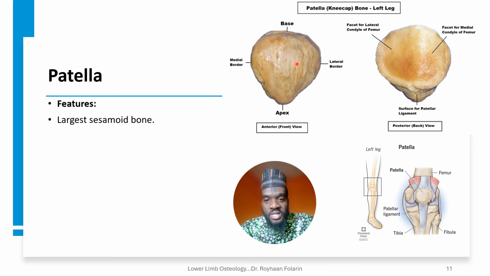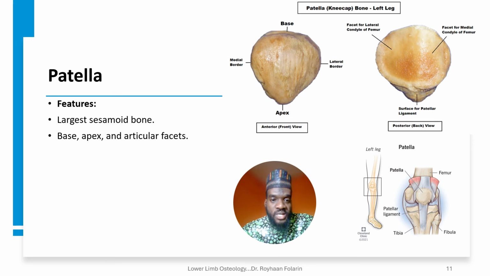On the outer surface, or the anterior view, the front view, this is what you see. While on the posterior or back view, you see two facets. A facet on the left, for attachment to the lateral condyle of the femur, and a facet on the right for the medial condyle of the femur.